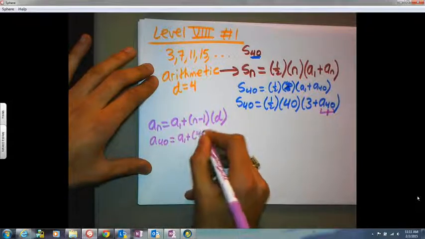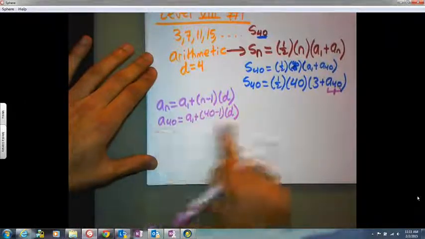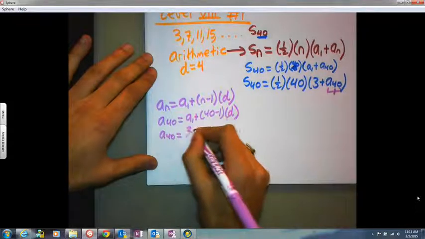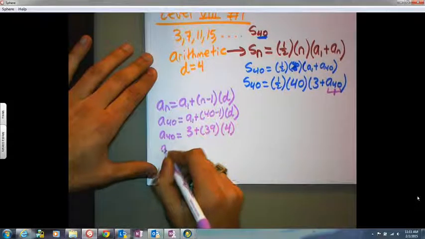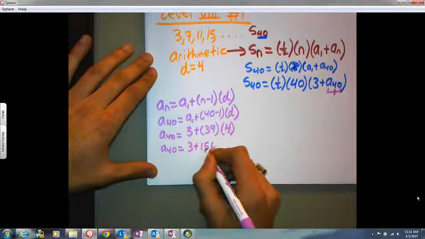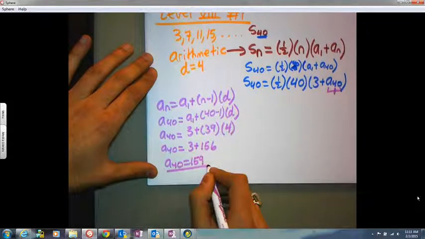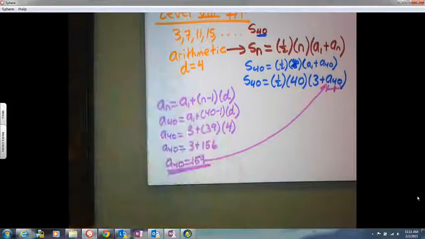Simplify this equation using what we know. There we have it, a40. Once you have a40, you can plug that back into your sum equation.